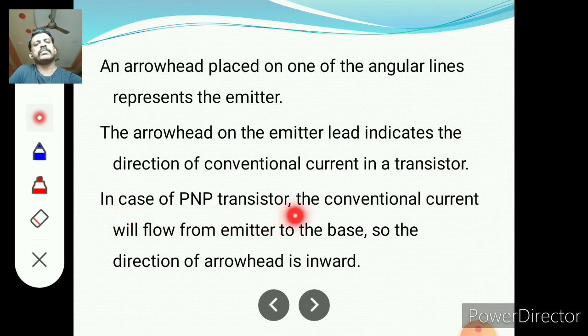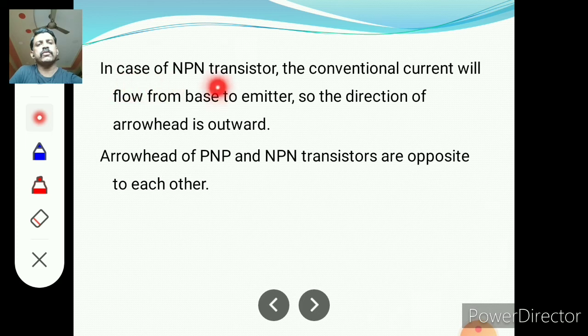In the case of a PNP transistor, the conventional current flows from emitter to base, so the direction of the arrowhead is inward. In the case of an NPN transistor, the conventional current flows from base to emitter, so the direction of the arrowhead is outward. The arrowheads of the PNP and NPN transistors are opposite to each other.